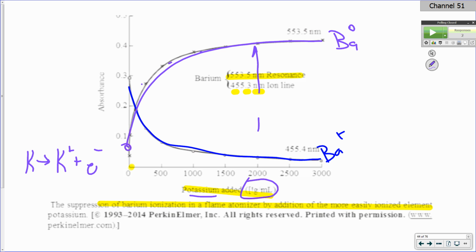That's 0.2% by weight. I can easily make that up when I digest a sample by putting that much potassium in it. After that, I start to saturate the amount of electrons needed to drive the barium into the neutral form for the analysis.